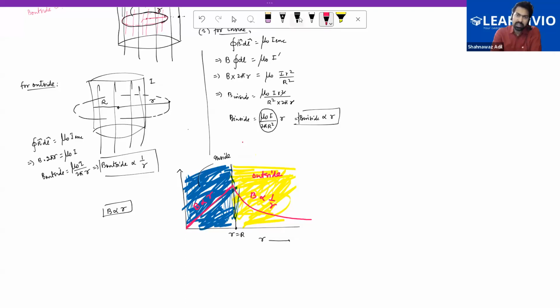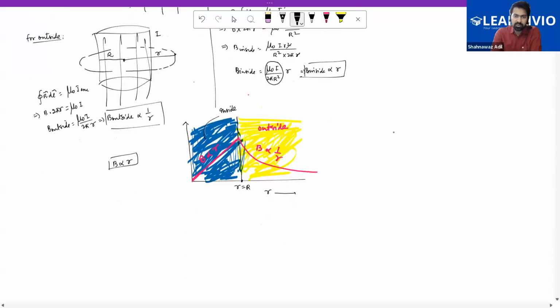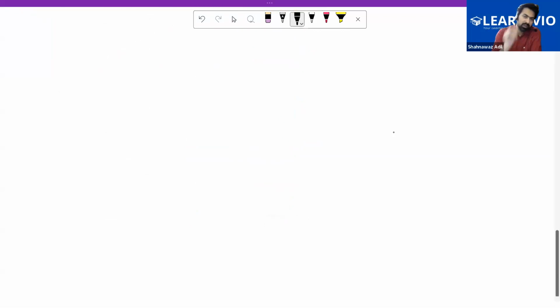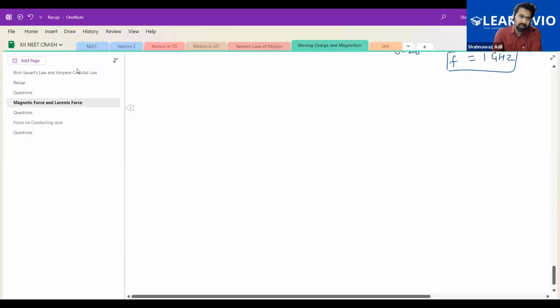And let us understand the next topic, which is magnetic. Let us talk about magnetic fields. Yes, we will talk about magnetic.